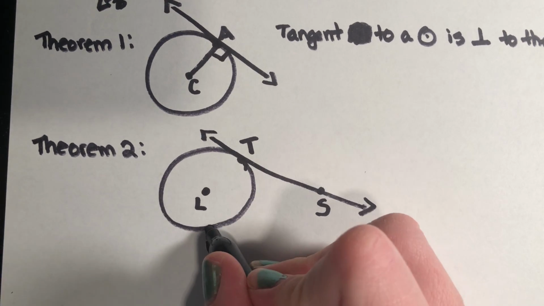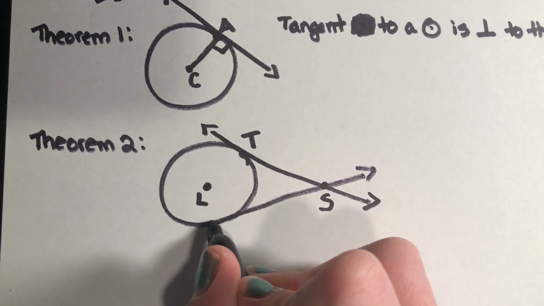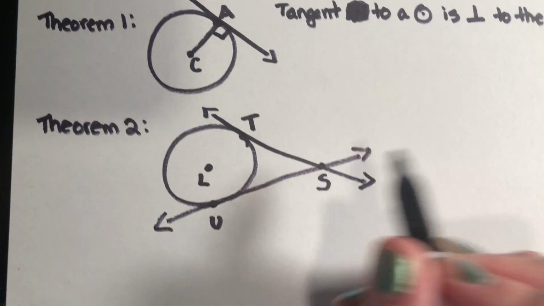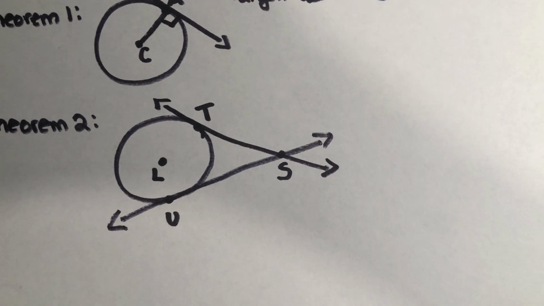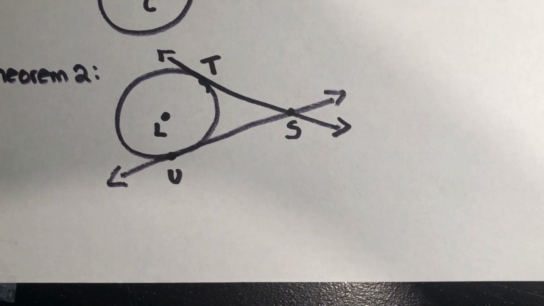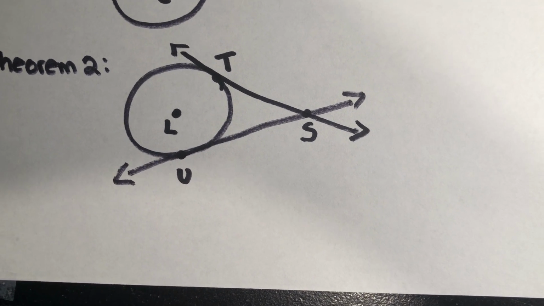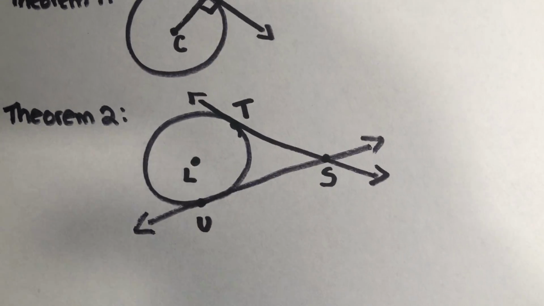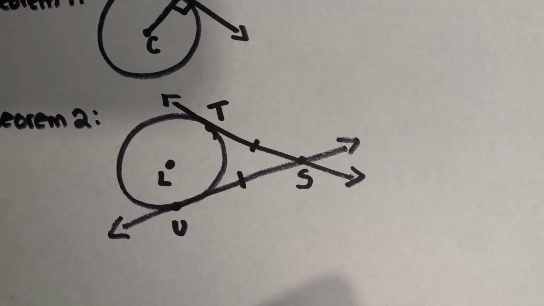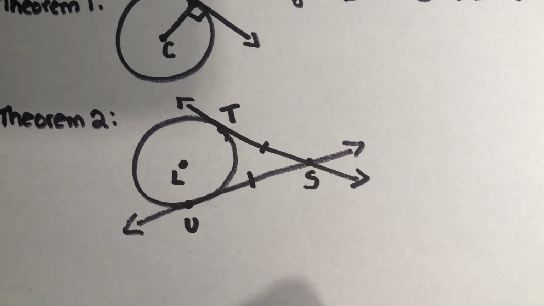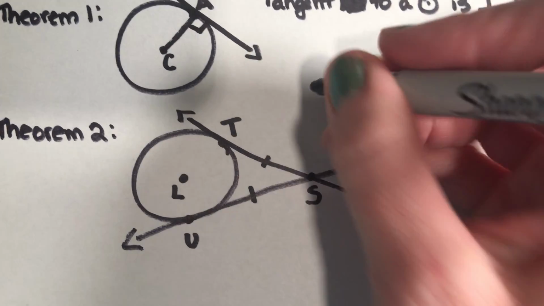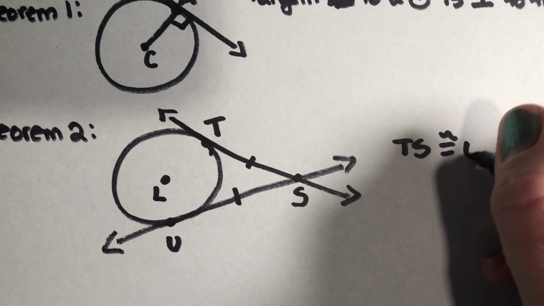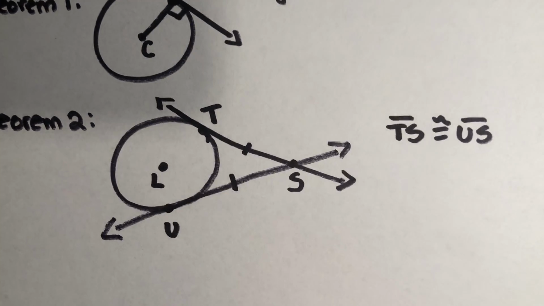And we're going to draw another tangent line that goes through point S. So again, if we have two lines that touch the same point outside the circle that are both tangent to the circle, that means that these two segments are congruent. That would mean TS is congruent to US.